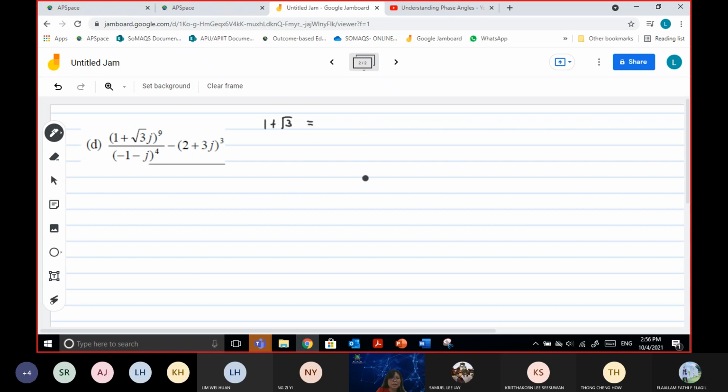That means x is 1, square root of 3 is y. Then r equals square root of 1 squared plus square root of 3 squared, so square root of 4, which is 2. Then arctangent of square root of 3 over 1, which is arctangent of square root of 3.